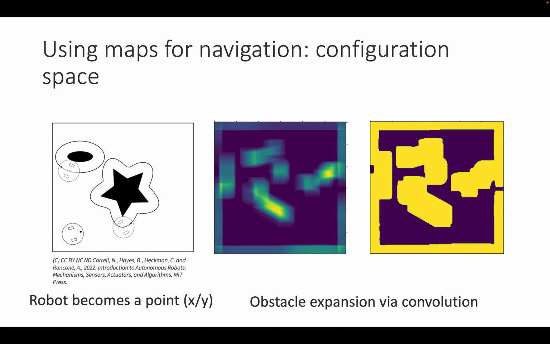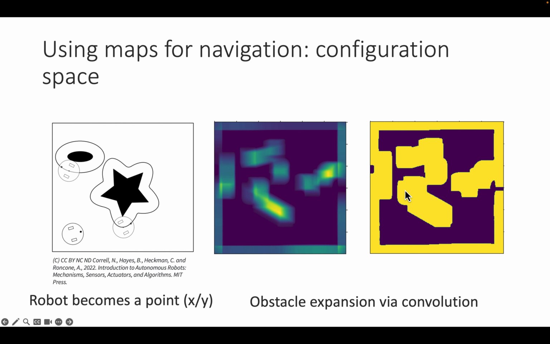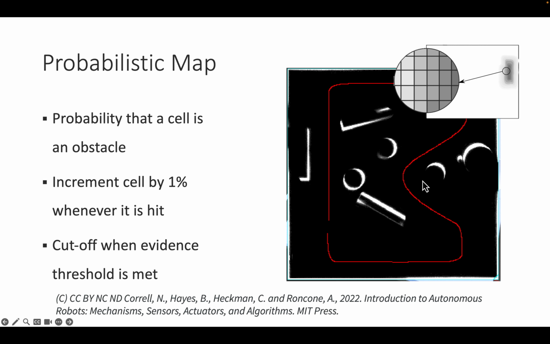It's the same as a blurring operation, and after thresholding you would be able to turn a map like the one you saw earlier into a map like this, where the navigable areas are clearly discernible and other areas are not navigable anymore. So you cannot go through these two obstacles.